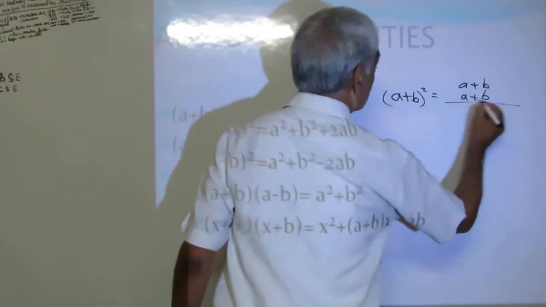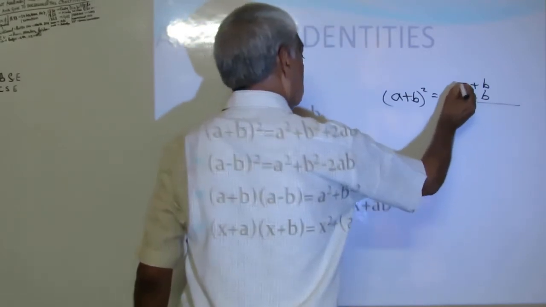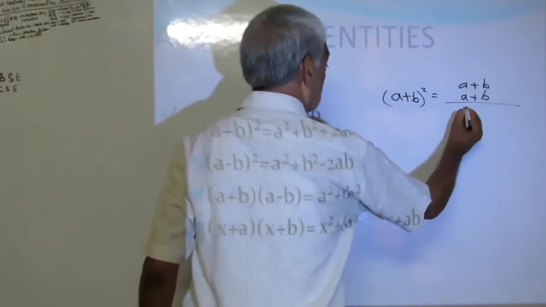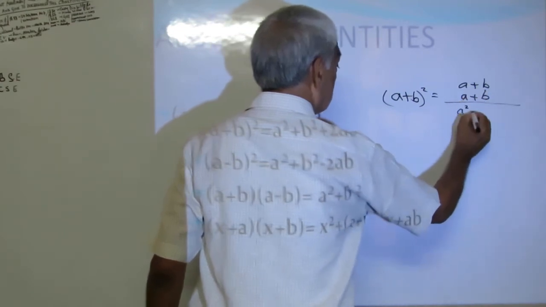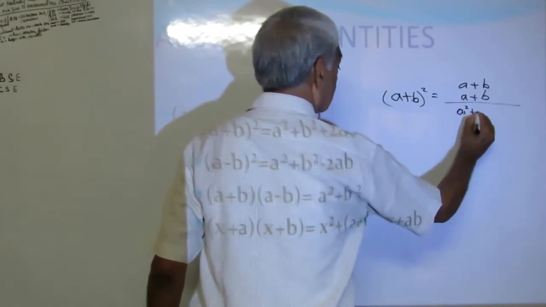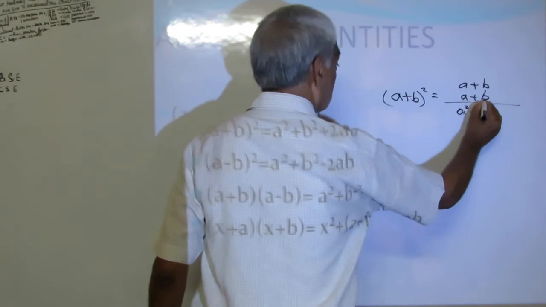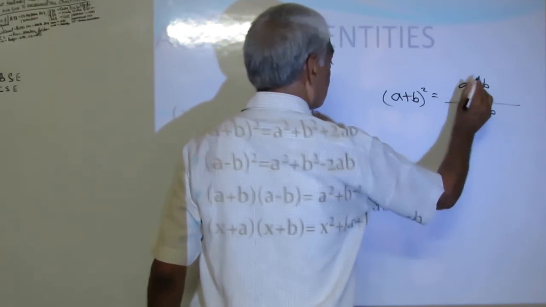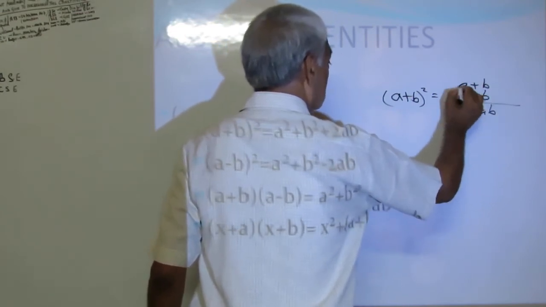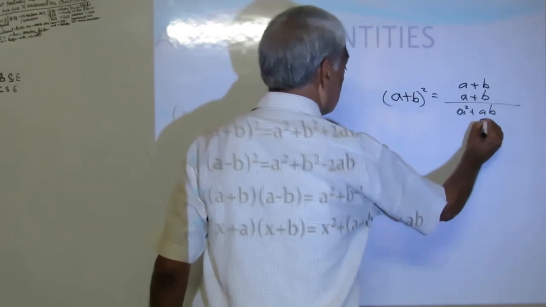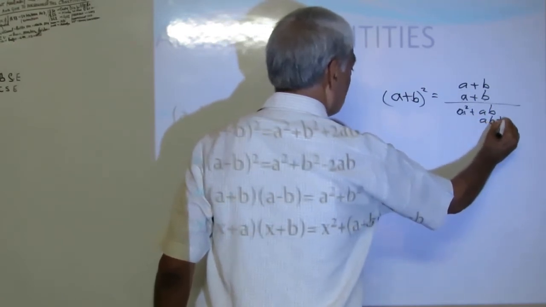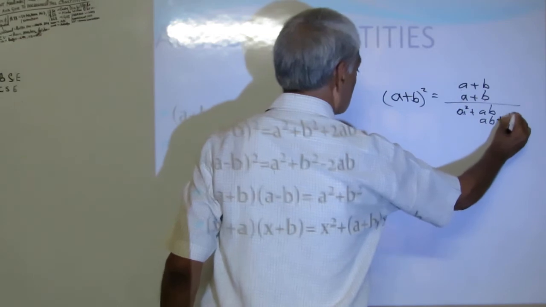Here, a multiplied by a is equal to a square, a multiplied by b is equal to ab. Now we multiply b with a plus b: b multiplied by a is equal to ab, b multiplied by b is equal to b square.